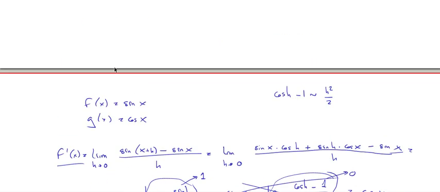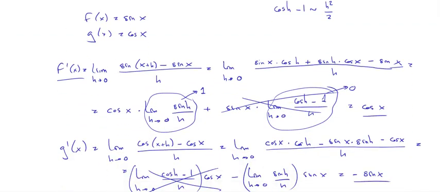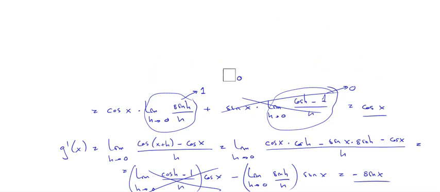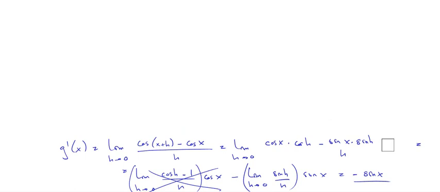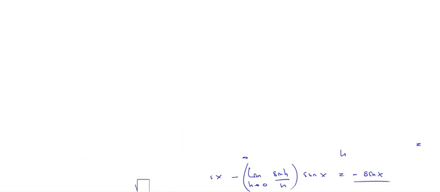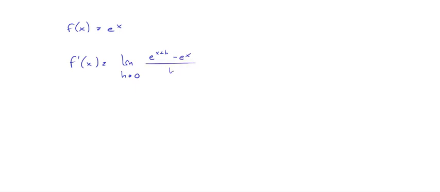Okay, let's do the exponential. The exponential is f of x equals e to the x. f prime is the limit when h goes to 0 of e to the x plus h minus e to the x, divided by h.